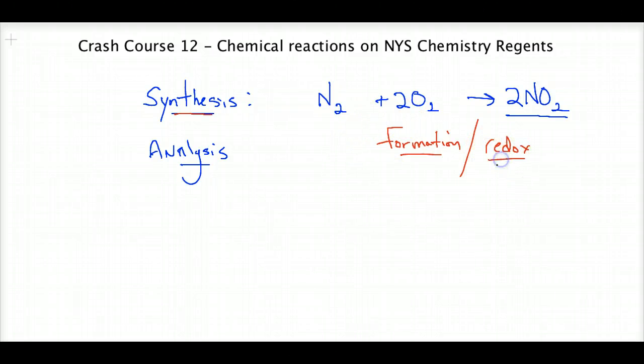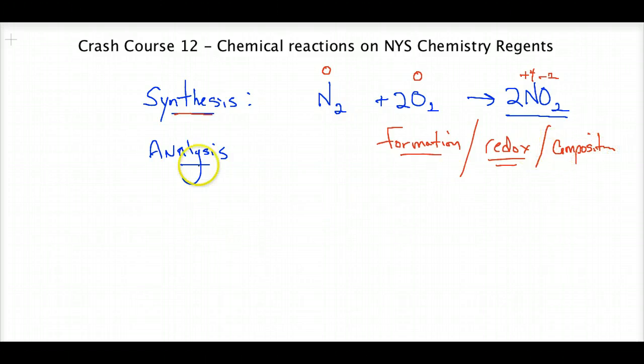Now, redox reactions means that oxidation states are changing, and as I've taught many of you, find me an element in its elemental state, it's a zero, and when it's bonded to something, it's something other than zero. In this case, it's +4. So if you find a zero or an element anywhere in the reaction, you know you have a redox reaction. And we can also call this a composition reaction.